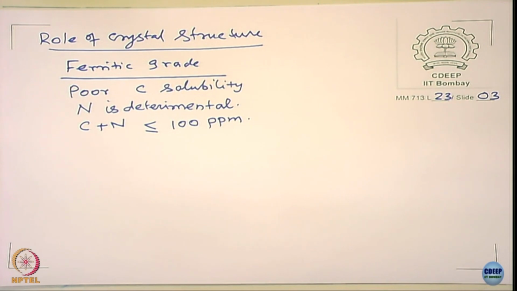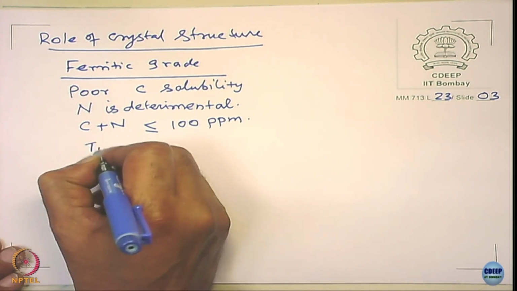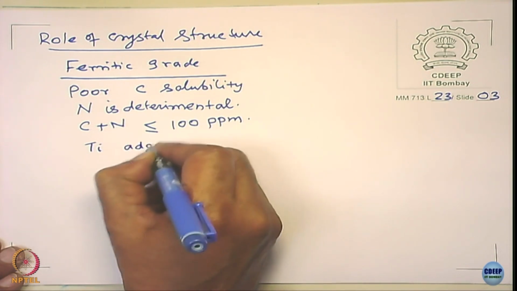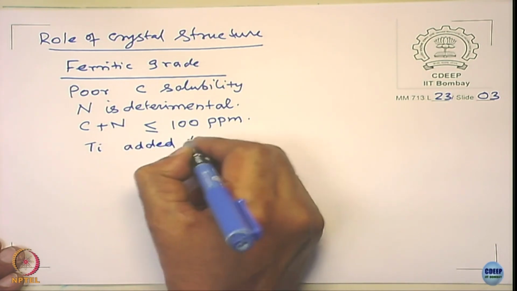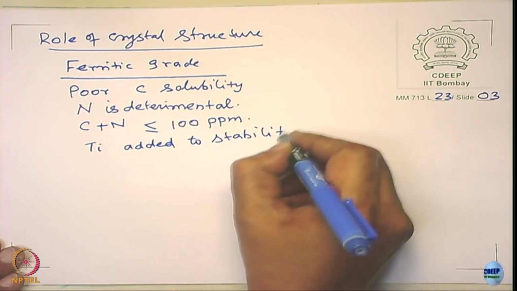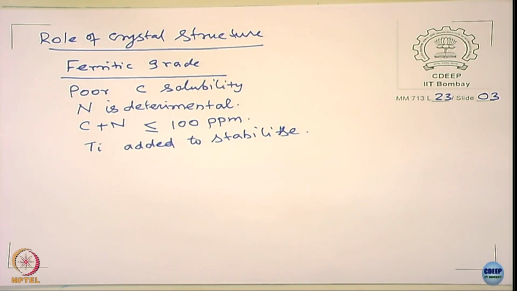So, what sometimes people do is they add some titanium, some stabilizers, titanium is added to stabilize. Okay. Of course, modern ferritic stainless steels have very low carbon, I mean there is no problem, but even then you can add some titanium, it becomes easy.